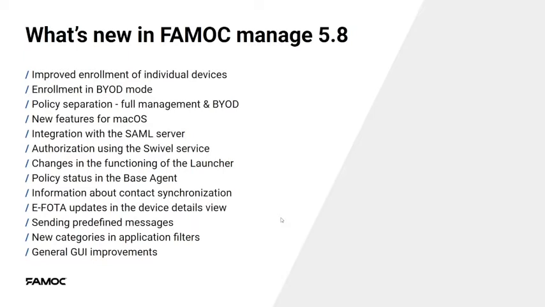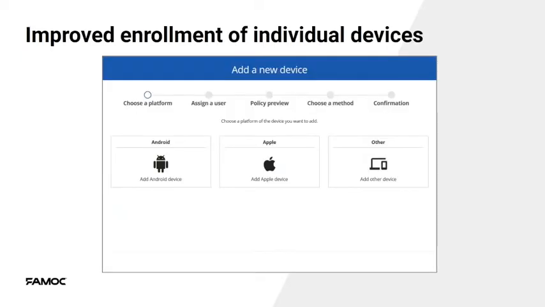And now let's start with the biggest change, which is changing the way the devices are enrolled into Famoc. From now on, when you choose an option to add a new device, the first step will be choosing a platform of the device.